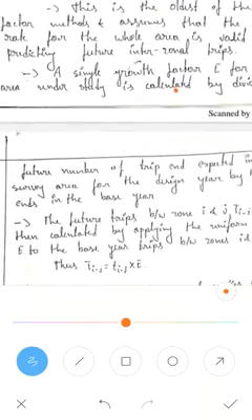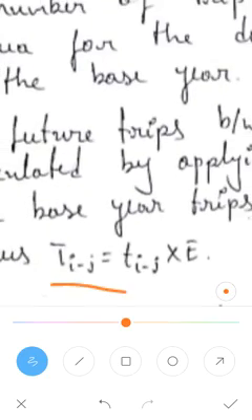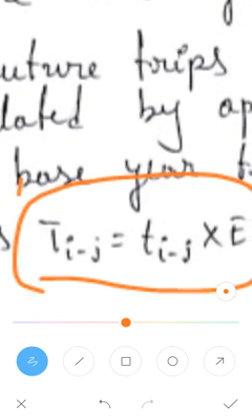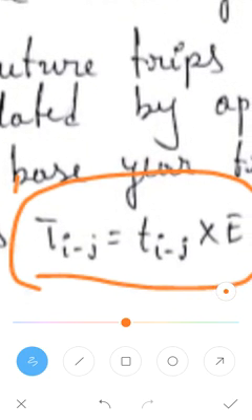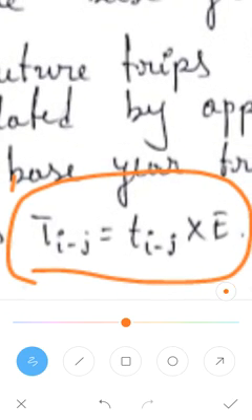This is the formula. The future number of trip ends expected in the survey area for the design year divided by the trip ends in the base year gives the uniform factor E. The future trips between zone i and zone j are then calculated by applying the uniform factor E to the base year trips between zones i and j.